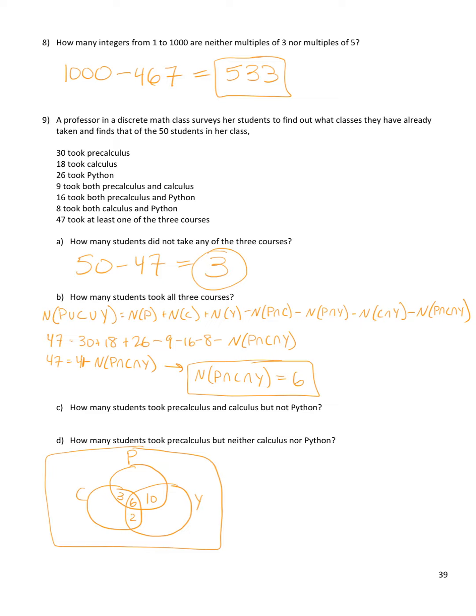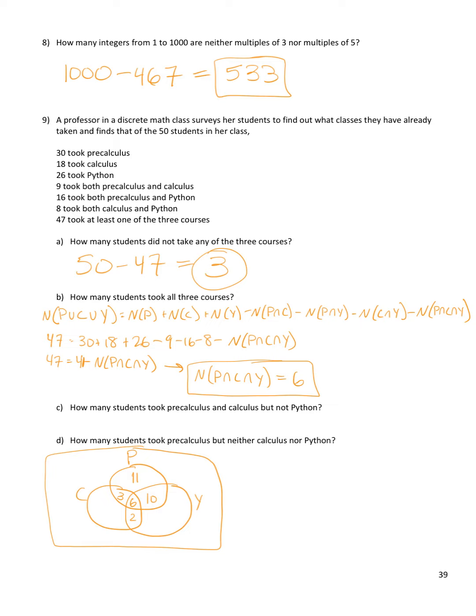And then build my way out, work on the precalculus circle. Okay, so precalculus is supposed to have 30 students, and I've already accounted for 10, 16, 19 of them, so 11 more belong out here who only took precalculus and nothing else.